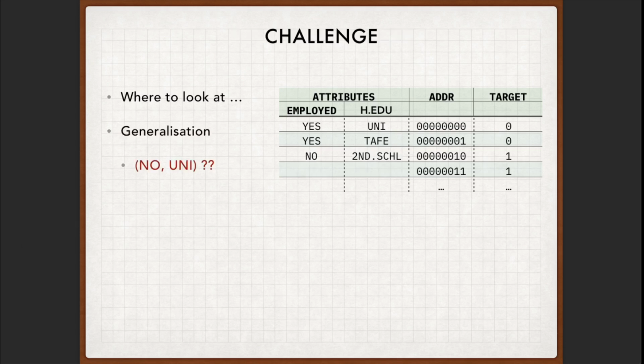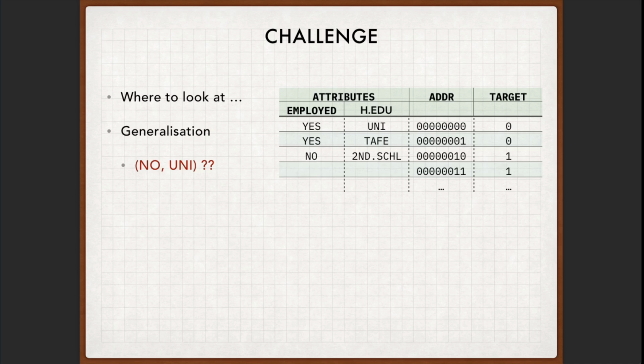This, of course, you can imagine, doesn't address the ultimate challenge we want to resolve, because we immediately hit the wall of no generalization.